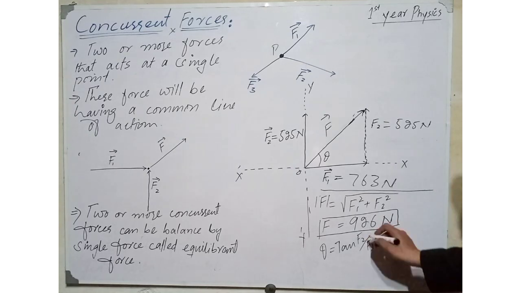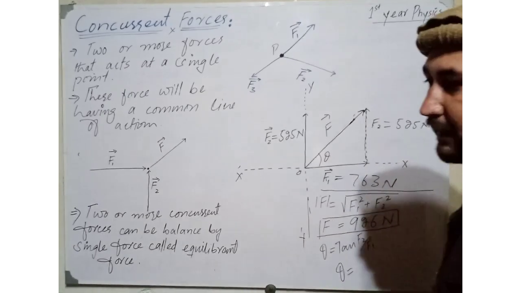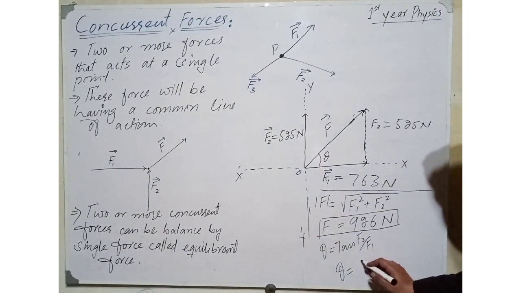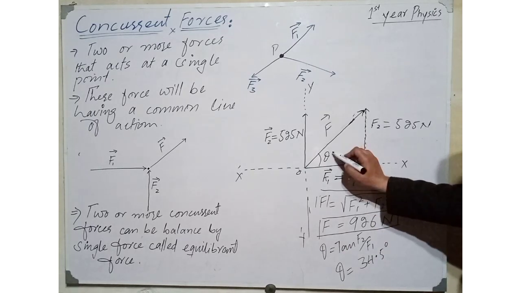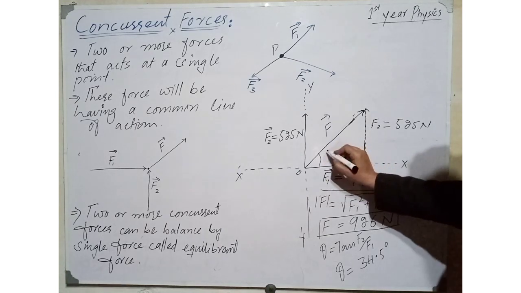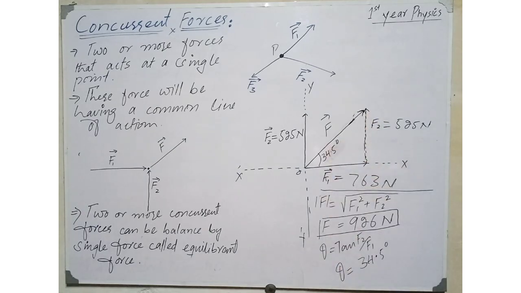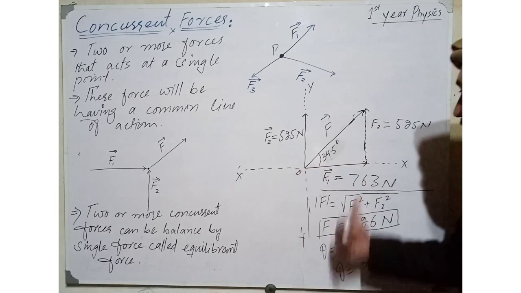After doing some calculation, we find that the angle theta is 34.5 degrees. So the resultant force makes an angle of 34.5 degrees with the x-axis.